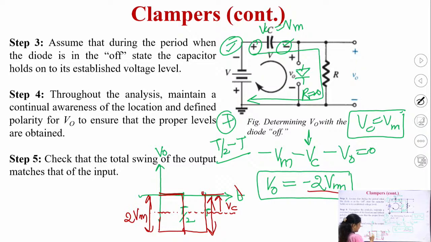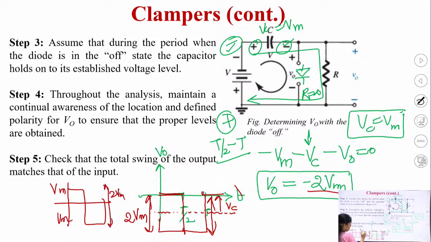So, here you can see the peak to peak value was Vm, and this was also Vm. So, the peak to peak value remains the same, because this is also 2 Vm and here also we are getting 2 Vm. Second thing, the DC level has been shifted upward by an amount of Vc, that is the capacitor voltage, and the shape remains the same.